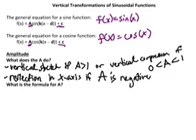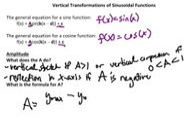So those are the two different things that a can do, either vertical stretches and compressions or reflections. You'll remember there's actually a formula for amplitude for a sinusoidal function, and that's the maximum value minus the minimum all over 2. So a is half of the difference between the highest and the lowest point on your graph.